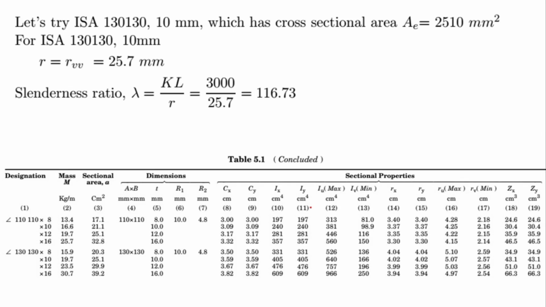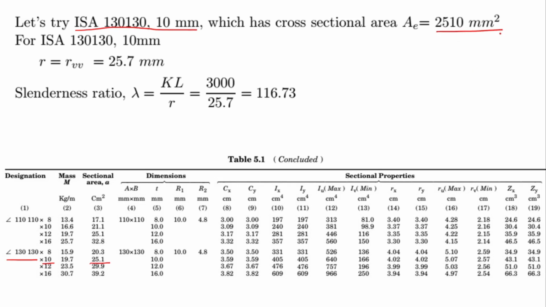Let's try with another angle, which is ISA 130, 130, 10 mm. As the previous angle has not satisfied the given factored load, we have to try with another angle. For this angle, our cross sectional area is 25.1 centimeter square, that is 2510 mm square.